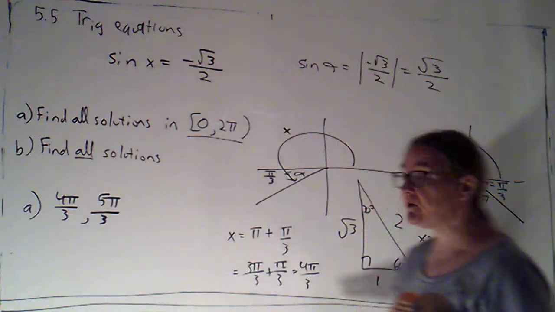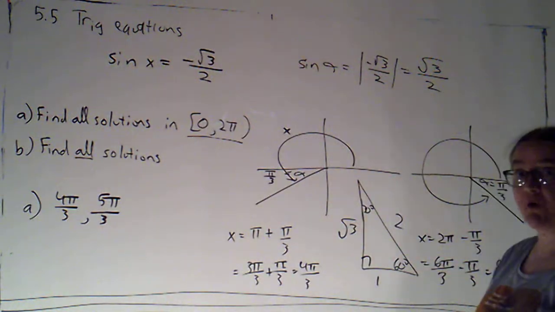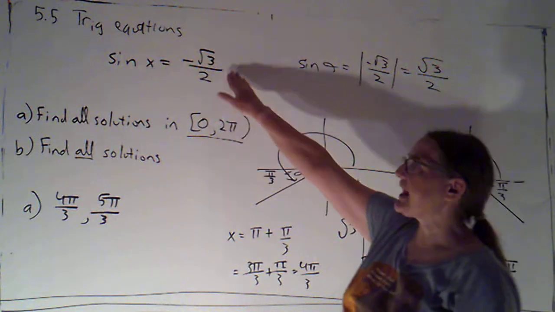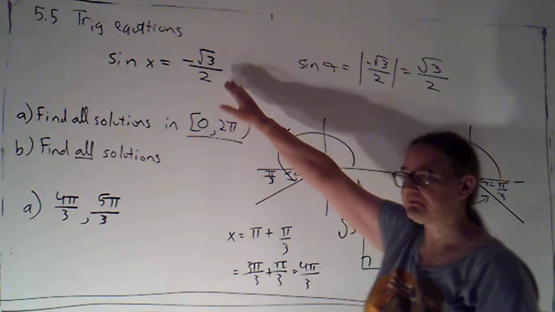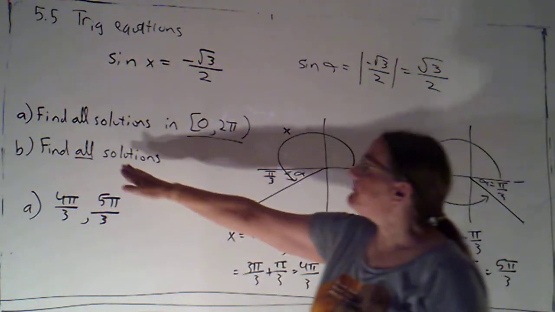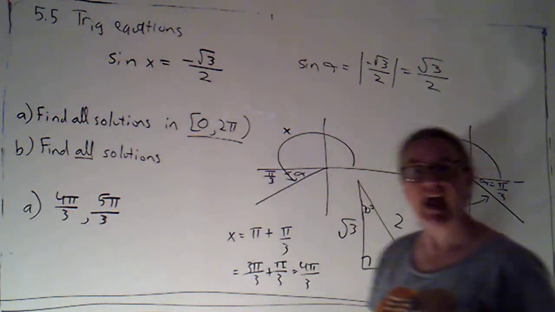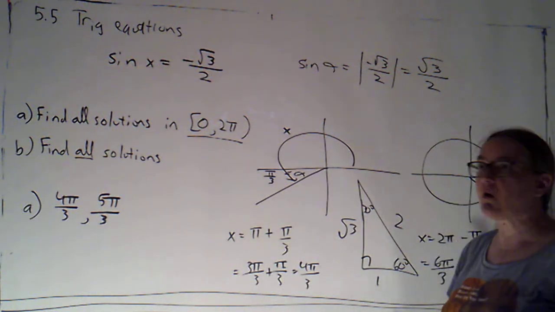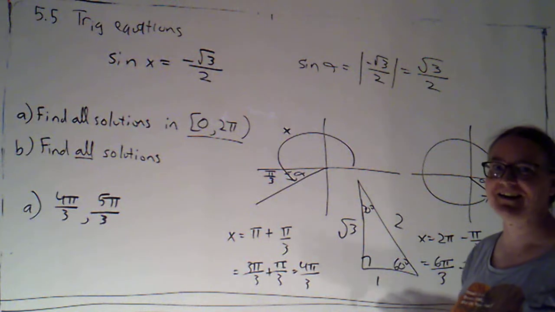Those are the two angles, one in quadrant 3, one in quadrant 4, in this interval that have a sine of negative root 3 over 2. Okay, to find all solutions, I'm just taking advantage of the fact that all my trig functions are periodic.